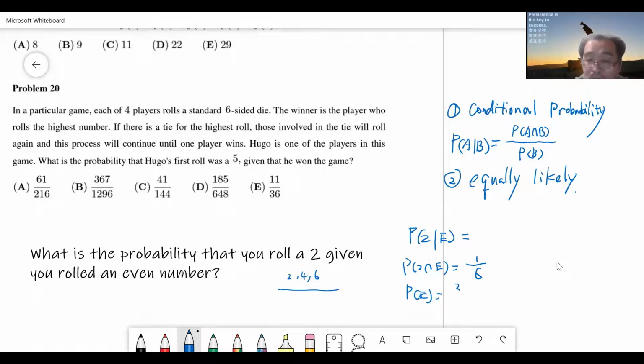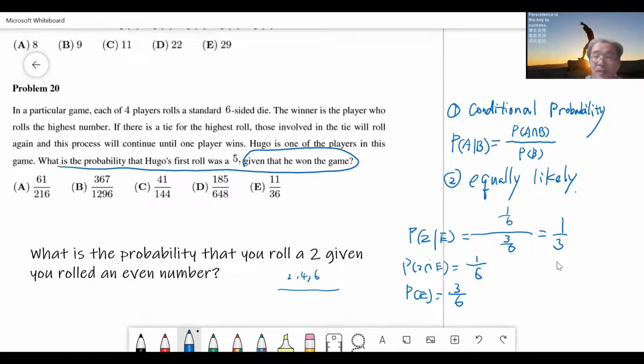So that's 3/6. To find the conditional probability of 2 given an even number, that's 1/6 over 3/6, which equals 1/3. So this is the concept of conditional probability, and we are looking for this kind of conditional probability here.